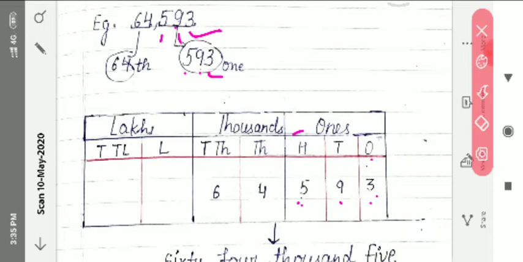Next, the thousand period. In this second period, the thousand place digit given is 4, and the 10,000 place is 6. So remember, the ones period has 3 places, the thousand period 2 places, and the lakhs period also 2 places. After that I will tell you later.